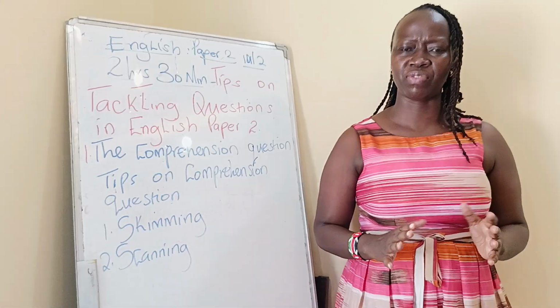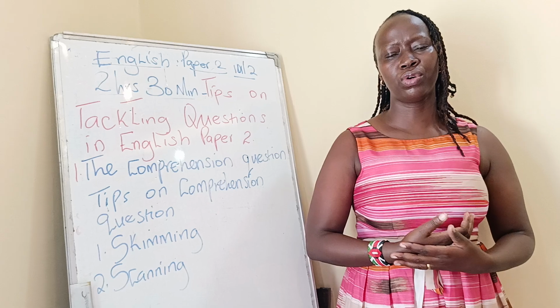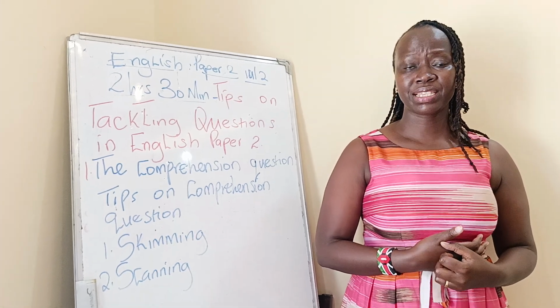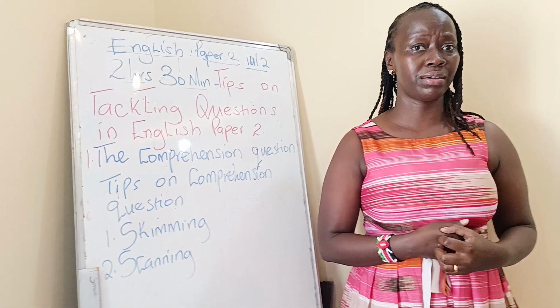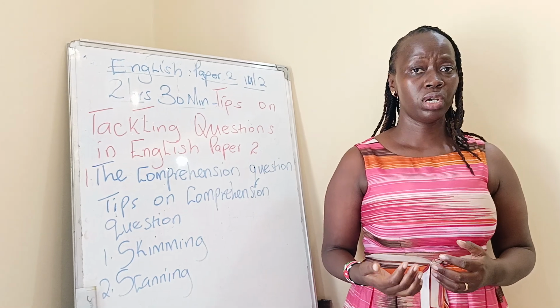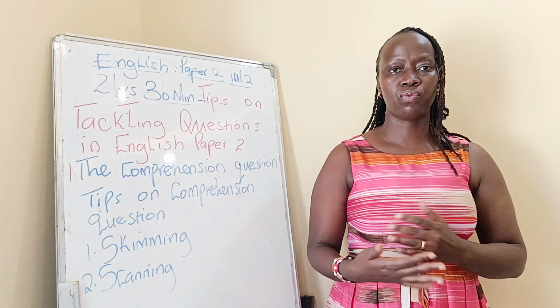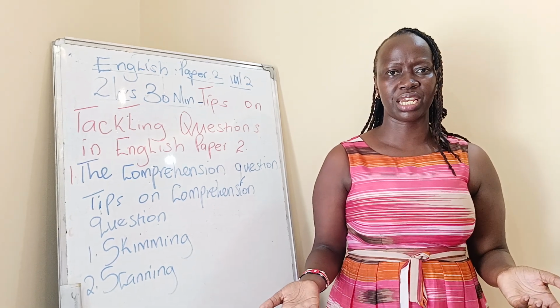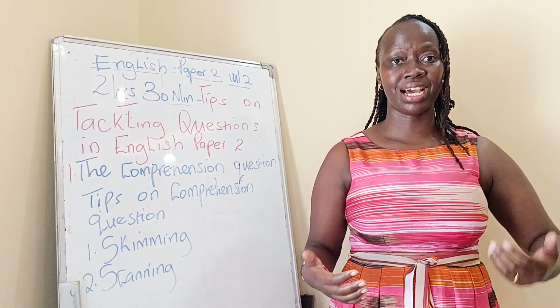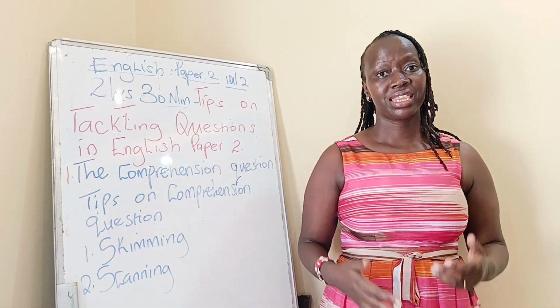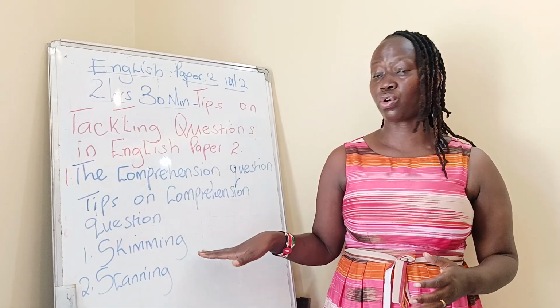Some passages can be very easy, some can be a bit harder to comprehend. Just have an idea of what this person is trying to tell us. What is the writer trying to communicate? That is what you know when you talk of skimming.